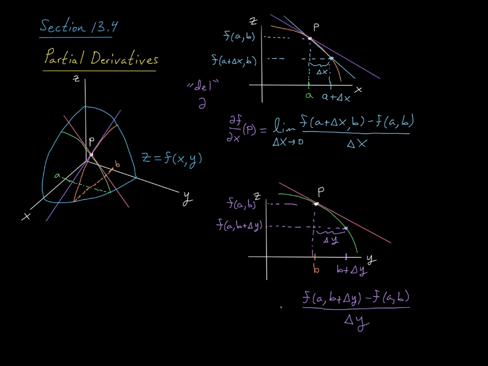This is the secant slope, so just as above, we're going to take the limit of this thing as we let delta y approach 0. And then naturally we'll call this thing the partial derivative of f with respect to y, evaluated at P. Del f del y at P is this limit of the difference quotient.